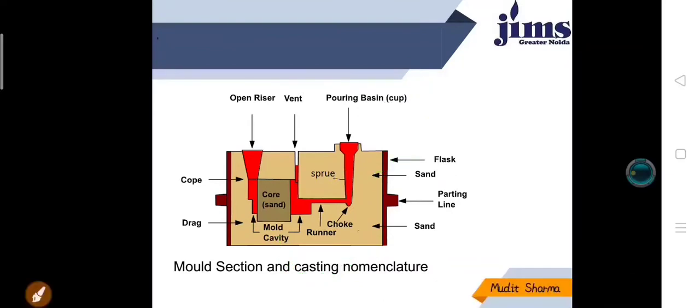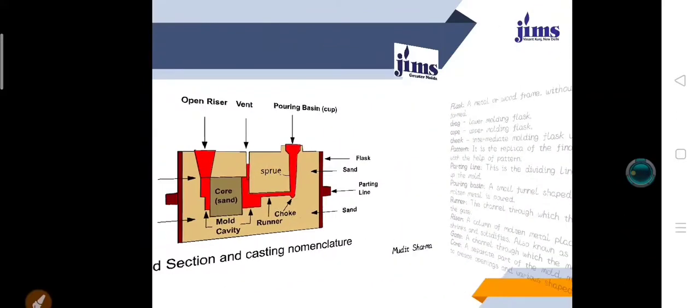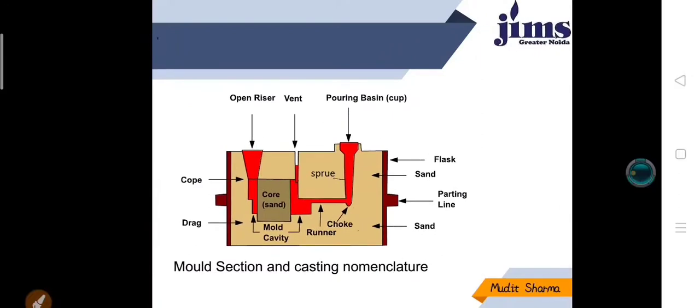Now these are the casting terminologies. I will discuss them with the schematic diagram one by one. First one is the flask.